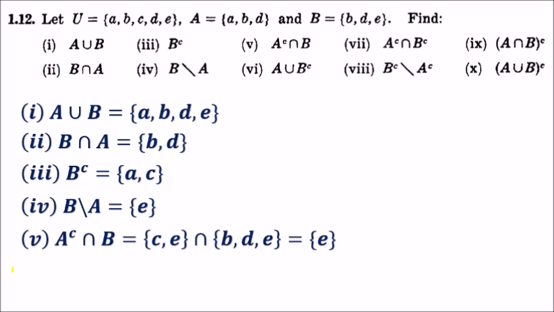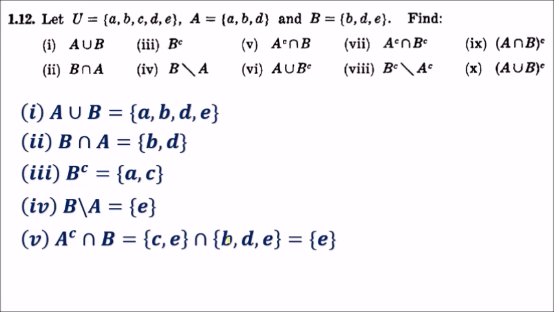And the number 5, we have the intersection of the A complement and B. So, para hindi magulo, kunin muna natin yung element ng A complement. So, we can see that our A here is A, B, D. Ang nandito sa universal set na wala sa A ay C and E lang. So, yan yung ating A complement.